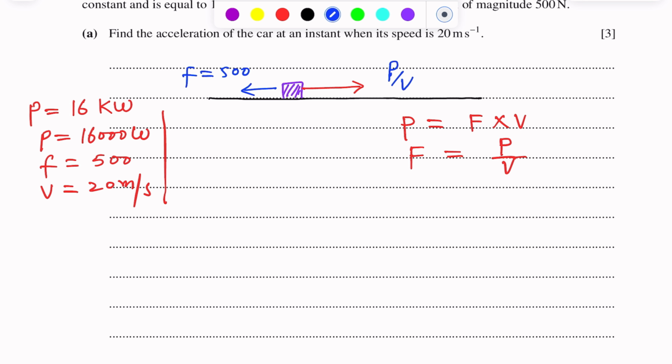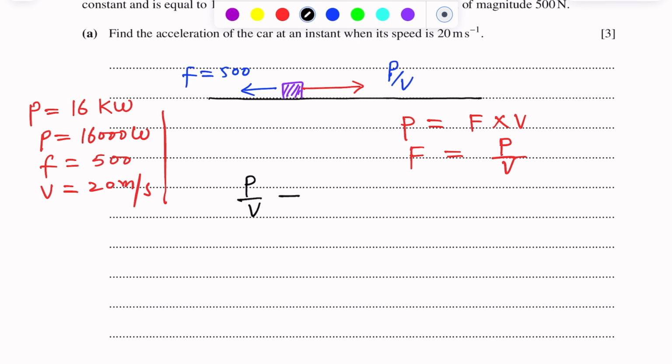Now the net force will be the driving force P over V minus the force of friction, that is 500 Newton. P over V is the driving force; the car is moving on this side, but the opposing force is 500 Newton.